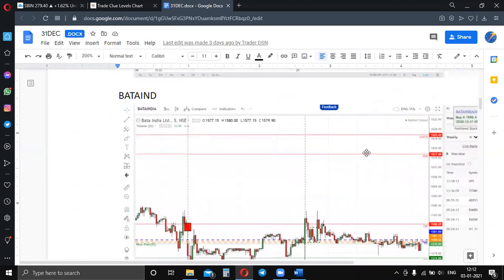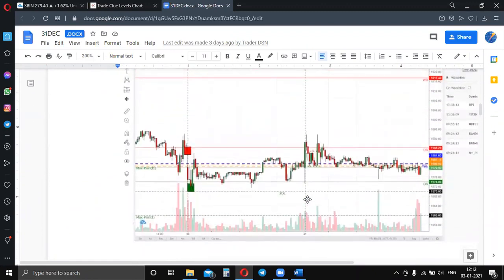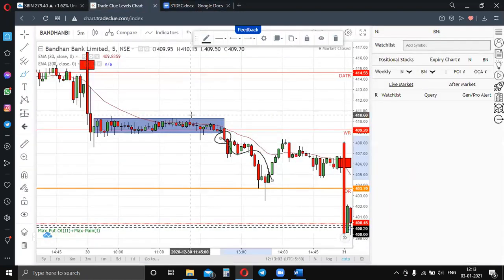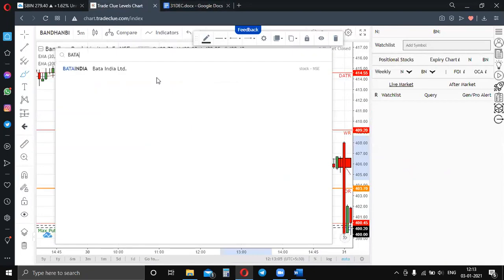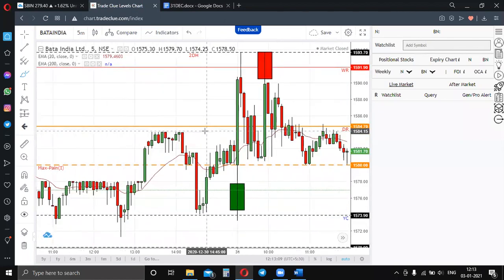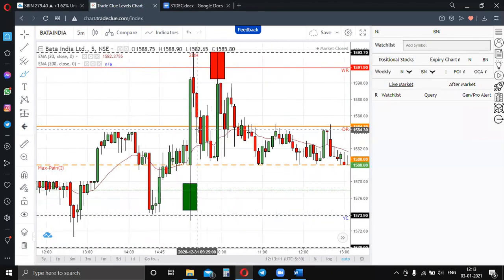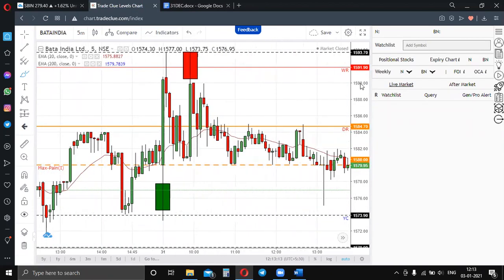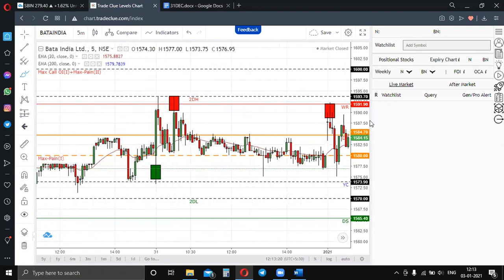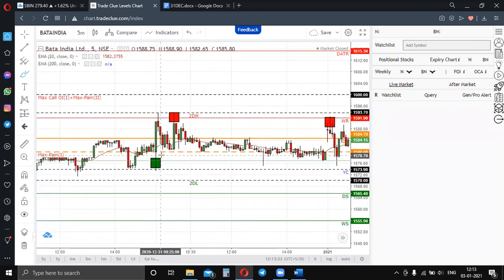Second was Bata India. So this came under NY Pro. What happened in that stock? This is the NY Pro zone, I'll tell you.